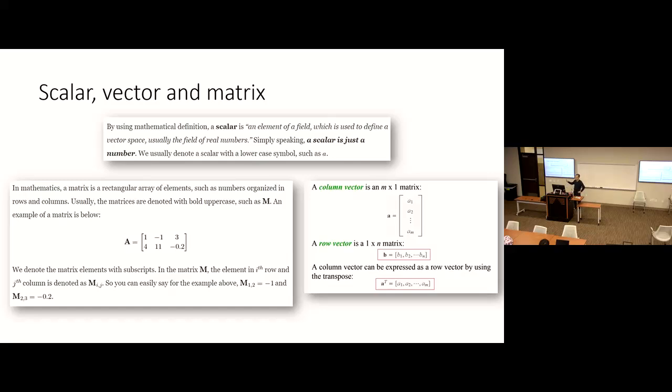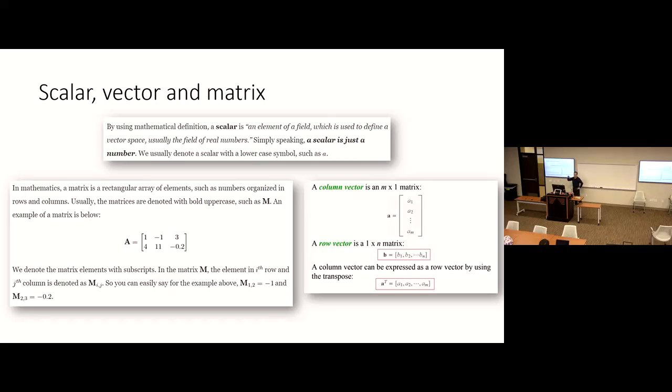Very simple. A scalar is a single number. If you have a equals 5, then 5 is a scalar value. You can consider a scalar number as a 1 by 1 matrix. The dimension is 1 by 1. Then a matrix, for example A, has 2 rows and 3 columns. This is a 2 by 3 matrix.